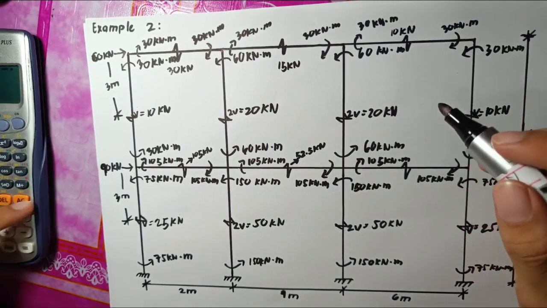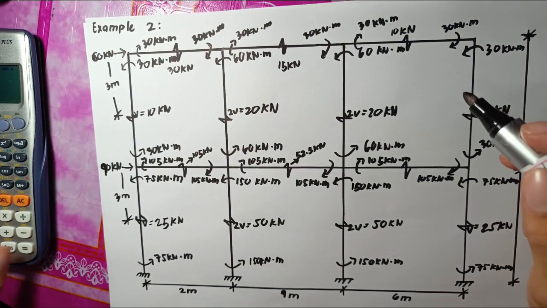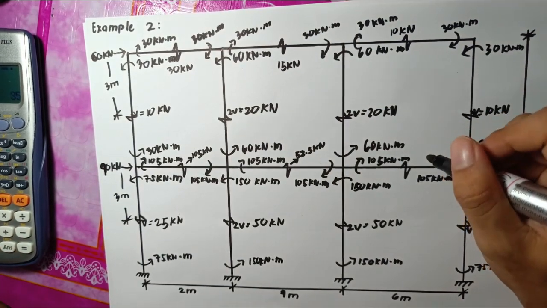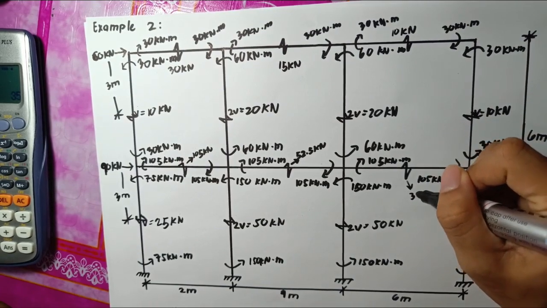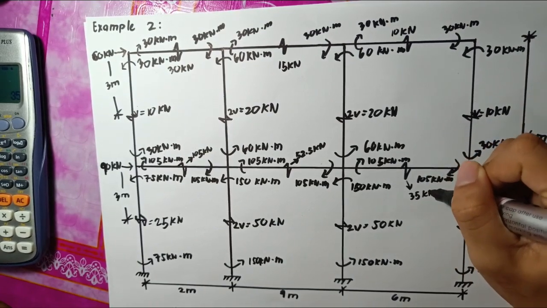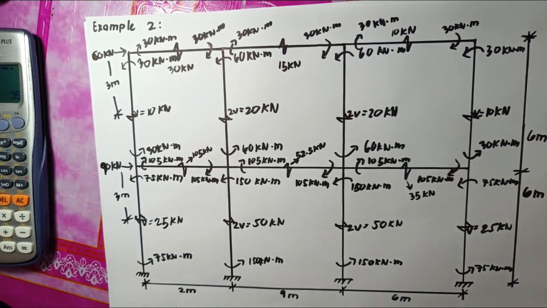And 210 divide 6, 35. 35 kN. And we're done.